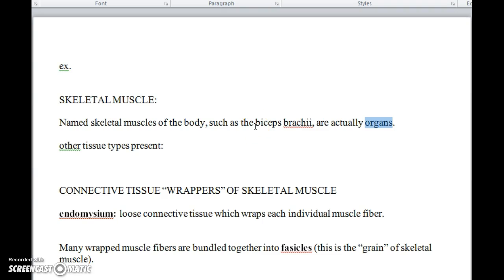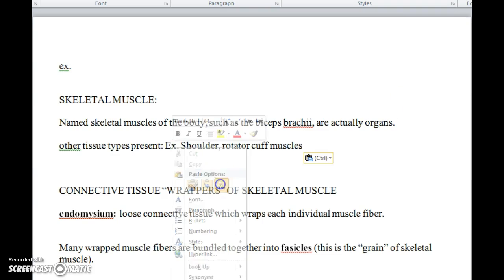In the heart, you've got cardiac muscle, but there's also nervous tissue, nerves that innervate it. There's connective tissue wrappers, and it has the function of pumping blood, so it's an organ. Your biceps brachii is the same thing. It's skeletal muscle, but it also has nerves and connective tissue wrappers. So it's an organ just like your heart is, histologically anyway.